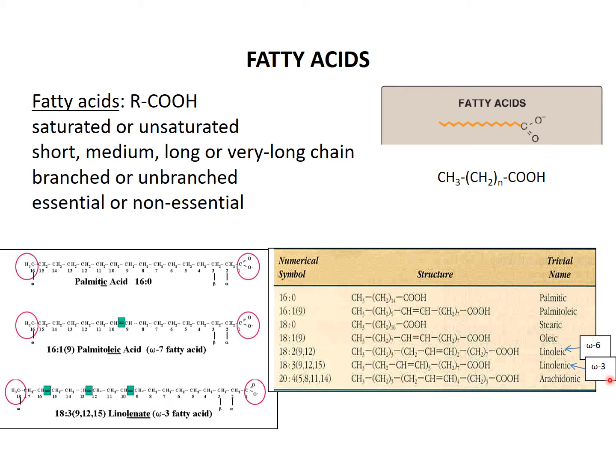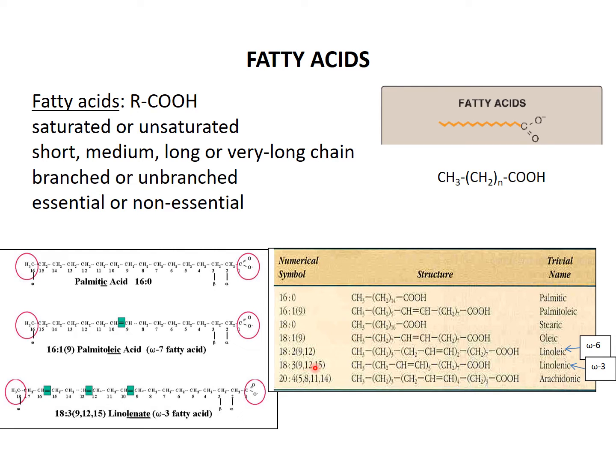Now, omega-3 and omega-6 are linolenic and linoleic acid. Let's say just omega-3: it is 18 carbons, 3 double bonds in the positions 9, 12, and 15. So you see that we can put a double bond into the number 9 position, but we cannot put double bonds into 12 or 15.